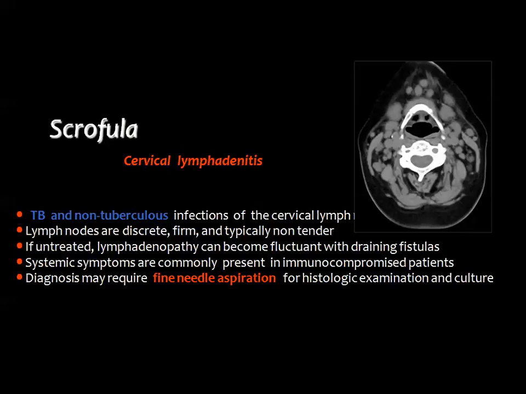Actually, the lymphadenopathy, if not treated, may extend into the surrounding soft tissues. It may lead to fistula formation with the skin or with the neighboring structures. The behavior of lymphadenitis depends mainly on the immune status of the patient, and the complications are commonly seen in patients who are immune compromised.